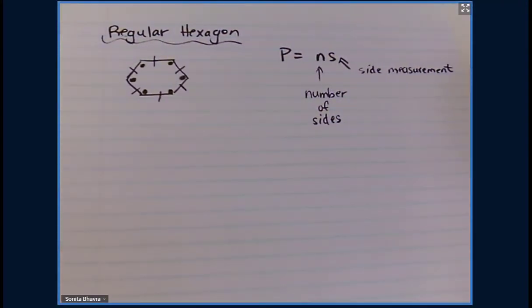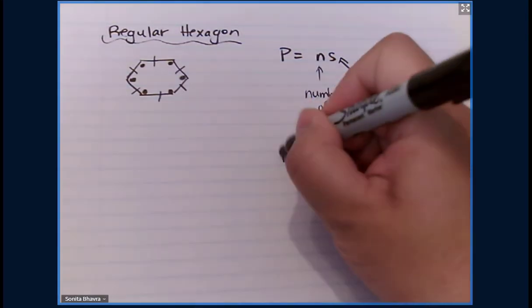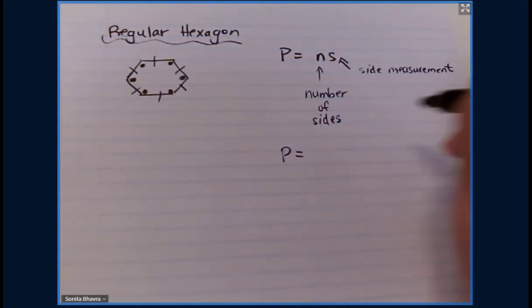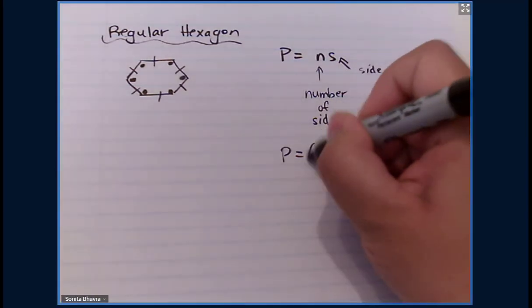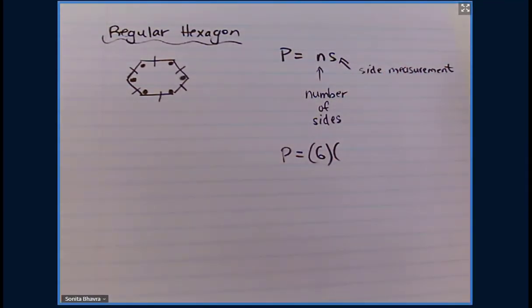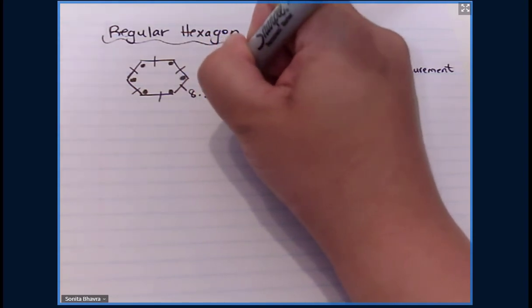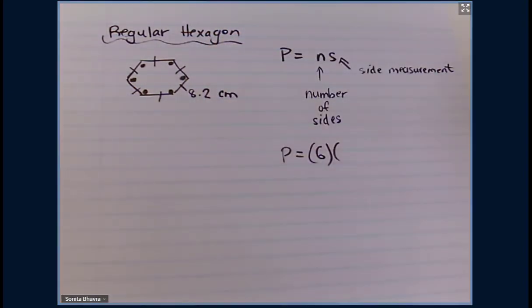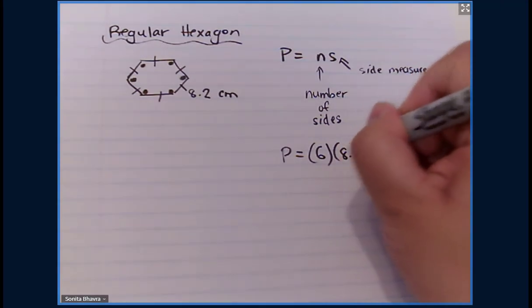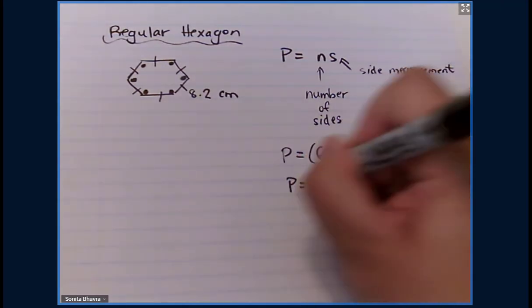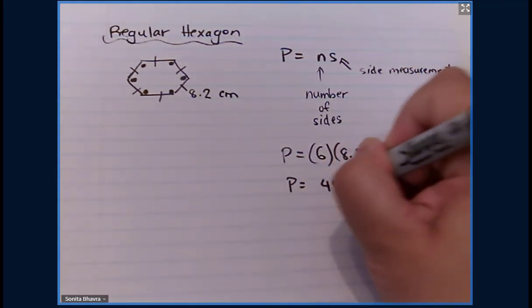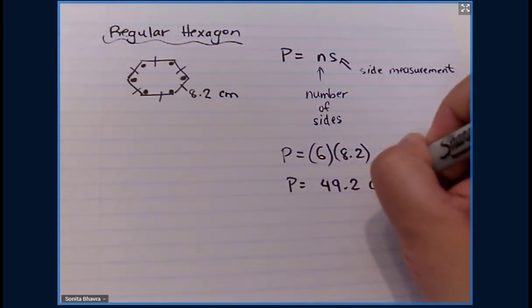All right, and that's what you'll see when we get into area as well. That N represents a number of sides. All right, so P equals NS. So in this case, the number of sides is 6. And the side measurement in this case is 8.2 centimeters. So 6 times 8.2, and we get a perimeter of 49.2 centimeters.